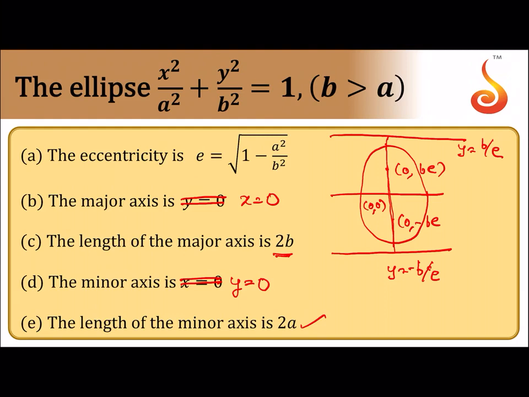This is the centre 0, 0. So the length of the latus rectum will be 2a square by b, because this is the major axis and this is the minor axis.